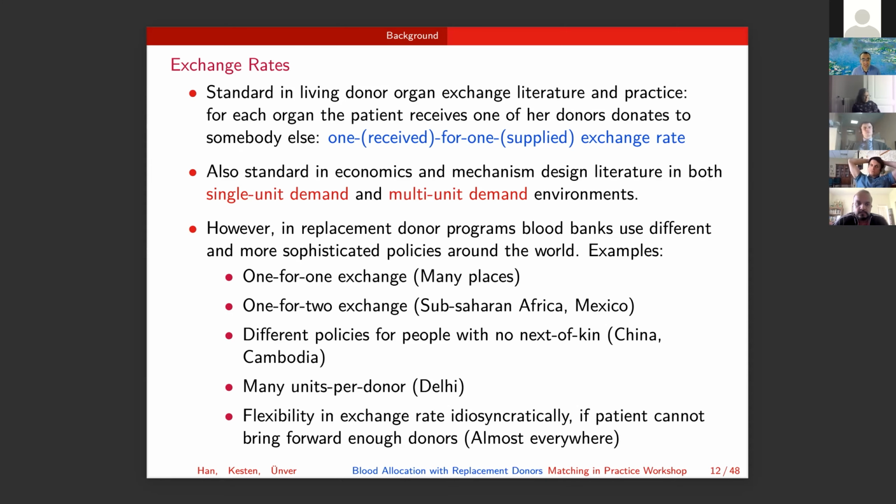And there is also, like I said, this non-transparent flexibility in exchange rates if a patient cannot bring forward enough donors, which exists almost everywhere. So nobody puts a gun to the head of the patient in the end. So it's not clear how exactly this works. Like, do you know a doctor? It's not clear how this works.